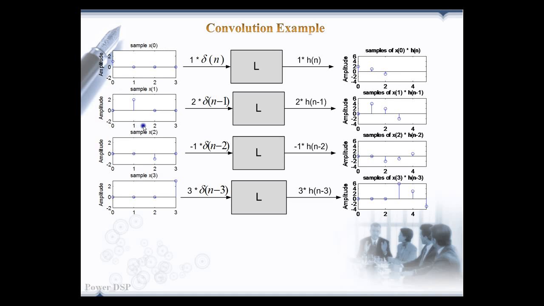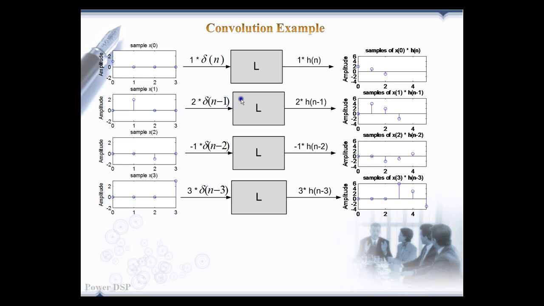We can write this sample in terms of a scaled and shifted version of the unit impulse. Amplitude is 2, so the unit impulse is scaled by 2, and the sample is shifted one sample from n equal to 0. So the unit impulse is shifted by minus 1.